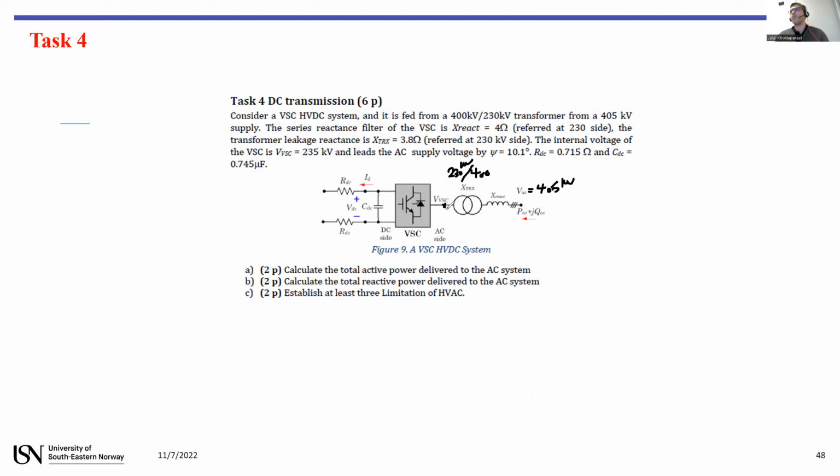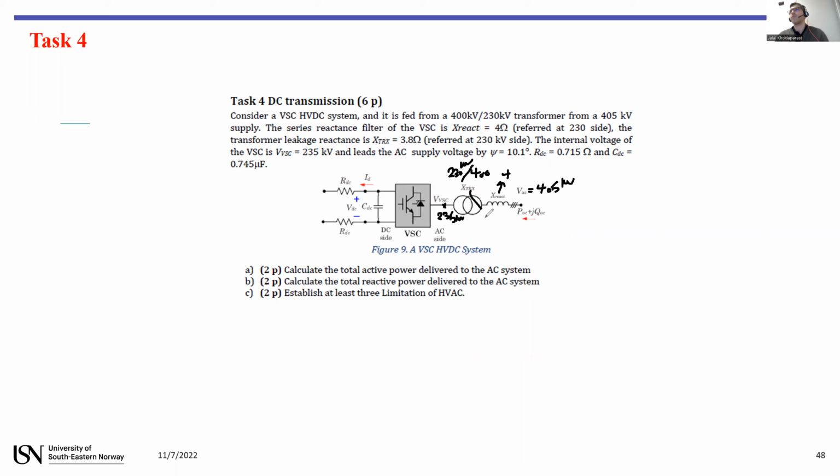The voltage of VSC is 235 kilovolt, and you have the reactance. This one is 4 ohm.